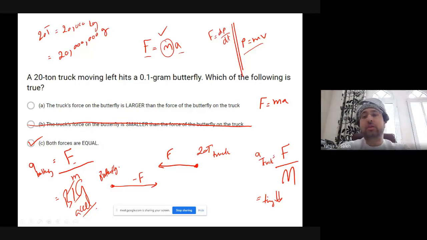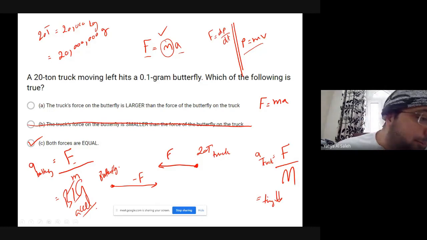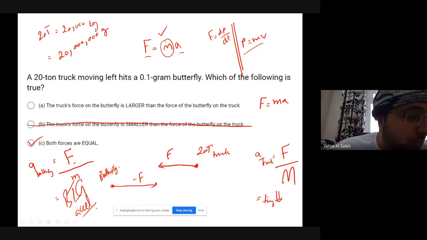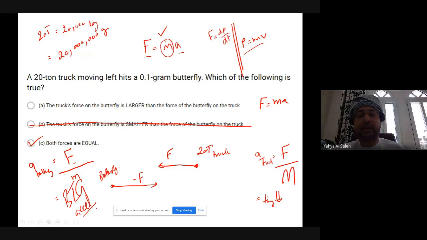But by definition, Newton's third law has the forces equal in magnitude and opposite in direction. I will try to come up with a different way to explain this, which makes more sense. But for the time being, we can just think of it as a rule. Yes, exactly, Muhammad. Exactly.